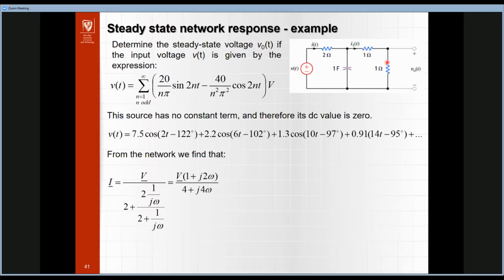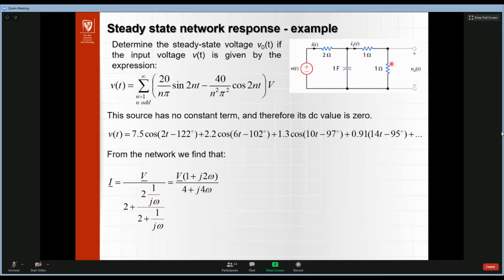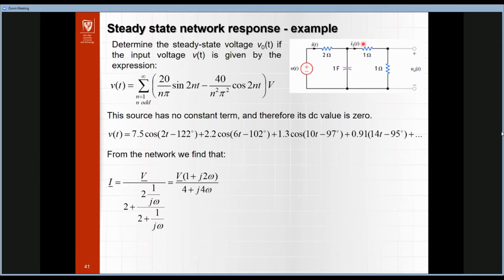the following. Instead of this resistor and this resistor, which are connected in series, we should use one resistor, and this one resistor is connected in parallel with this capacitor, and all is connected in series with this resistor. So we have the two ohm resistor connected with these, and 1 over j omega is connected with the capacitor.